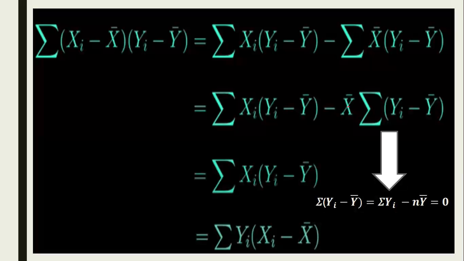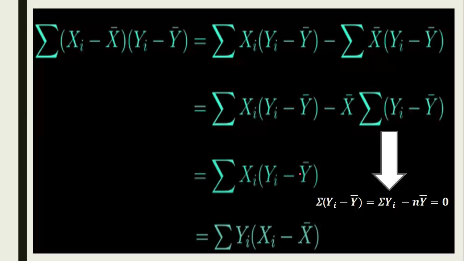And the sum of these deviations for any variable is always 0. You can see from here that summation yi minus y bar equals summation yi minus n y bar equals 0. So the second term becomes 0 and we are left with the sum of products equaling the sum of xi times yi minus y bar.